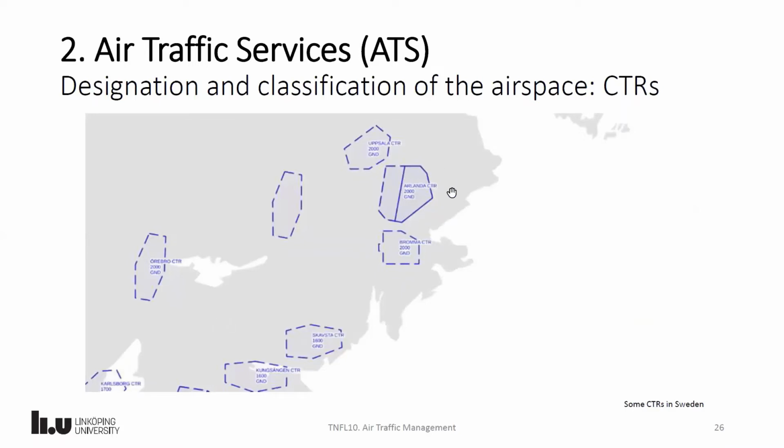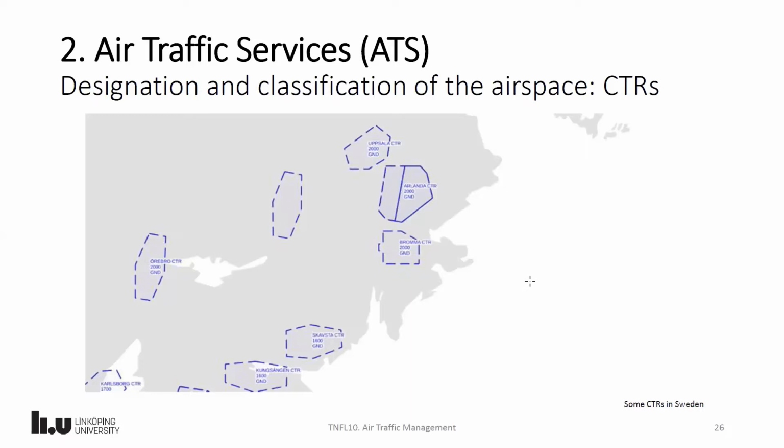So we have the Arlanda airport over here, and we can see that it extends from the ground to 2,000 feet. And as you can see, these are smaller than the TMAs and the CTAs.